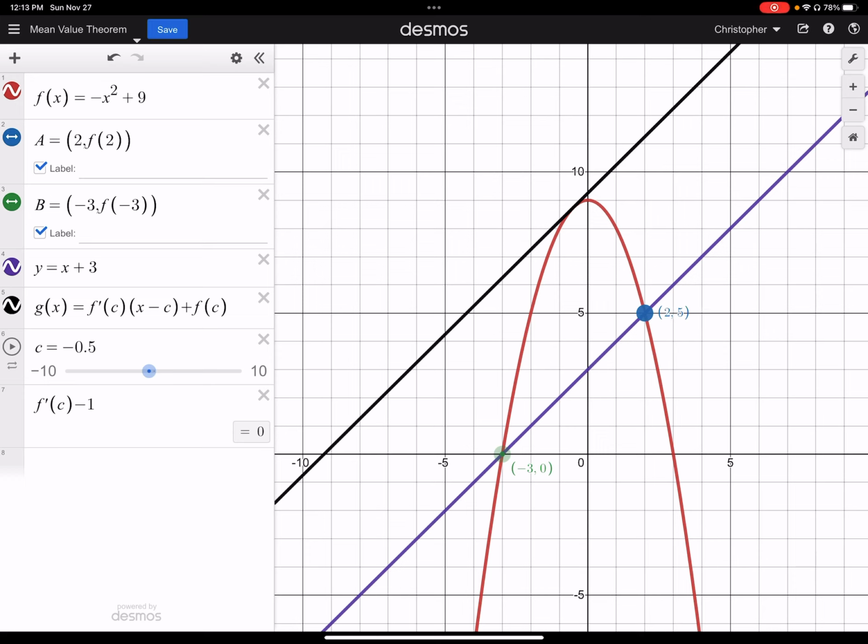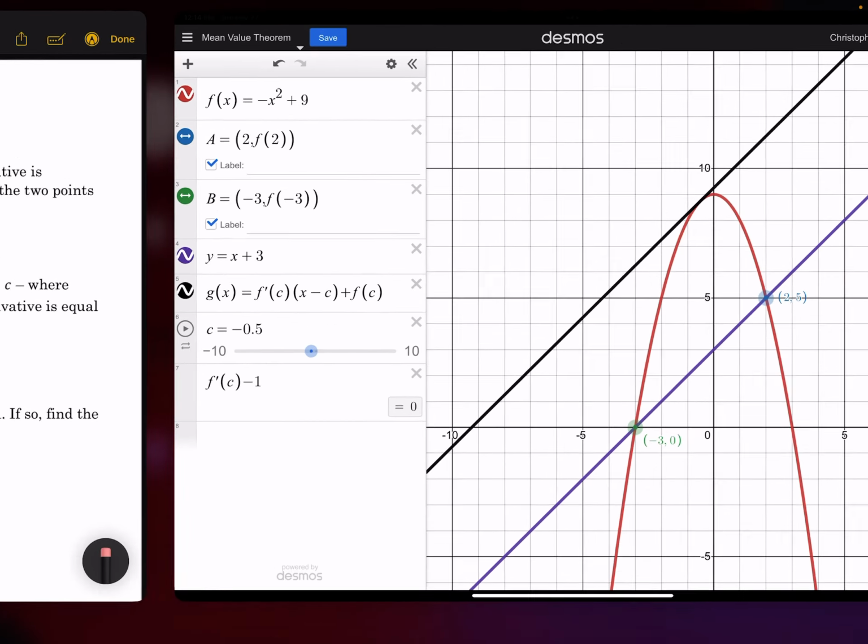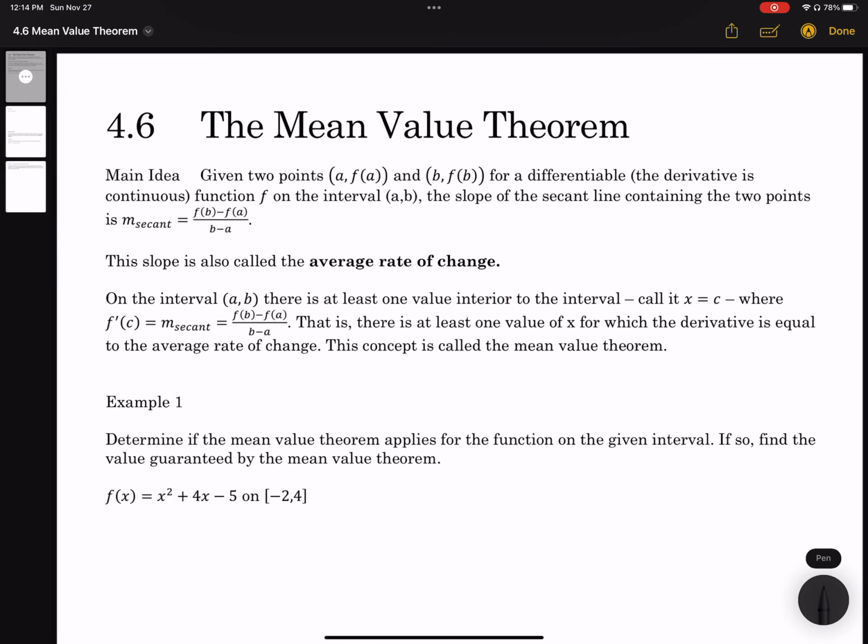That's what the mean value theorem tells us: at some point along this interval, if the function is continuous and differentiable, the derivative has to equal the average rate of change, at least at one value. Where that value is, we don't know, but we do know it's between -3 and 2. The only criteria is that the function has to be continuous on this interval and differentiable on the interval.